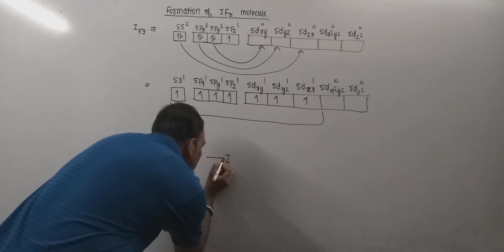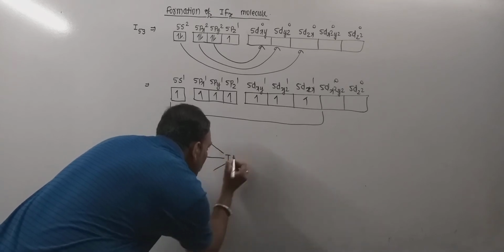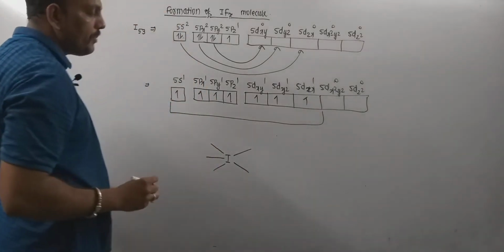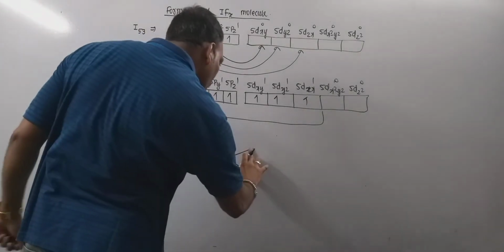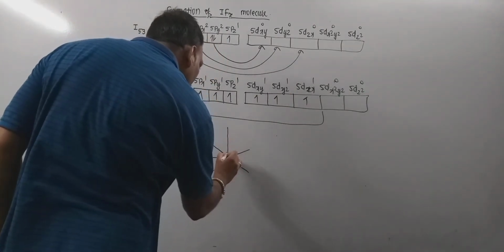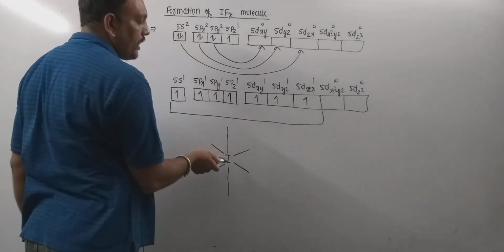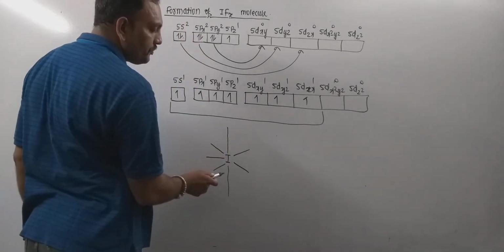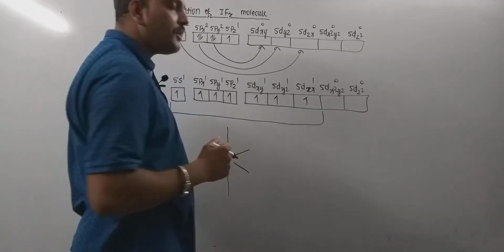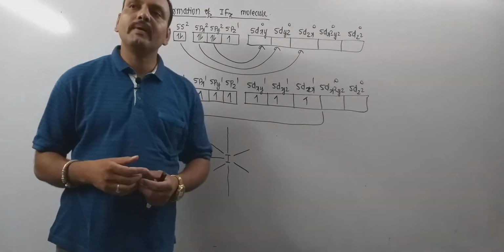So remember, the 5 hybrid orbitals which are arranged in pentagonal manner, these are called equatorial hybrid orbitals, and 2 hybrid orbitals out of which one is above the plane of pentagon and other is just below the plane. Now iodine has 7 hybrid orbitals, each having unpaired electron.